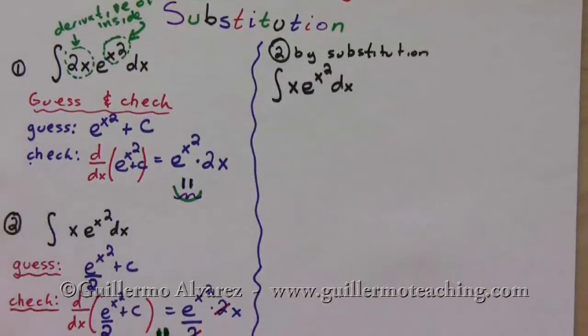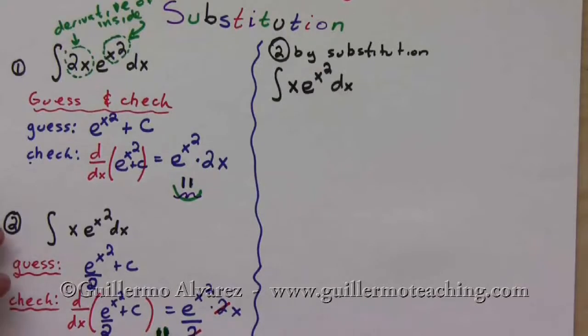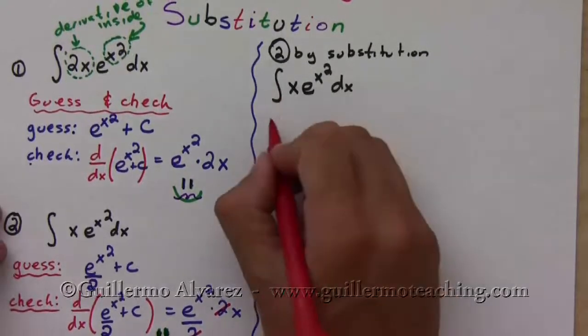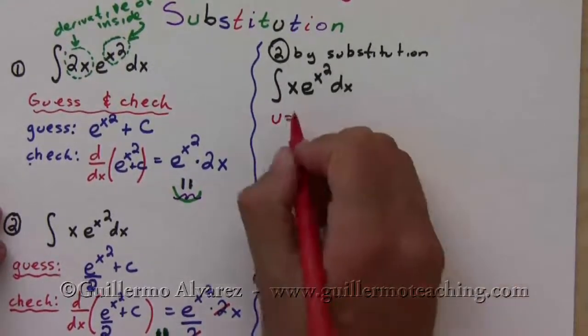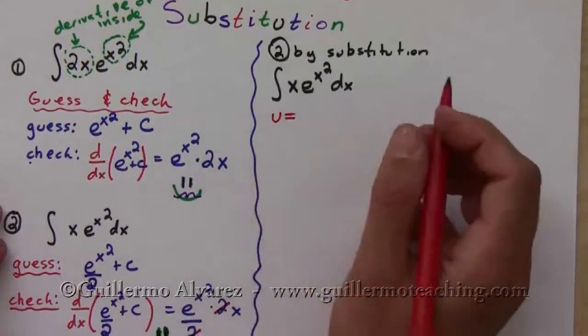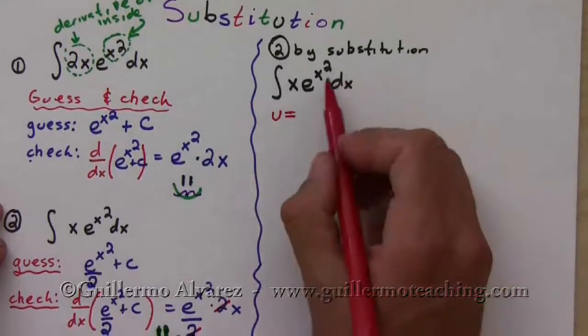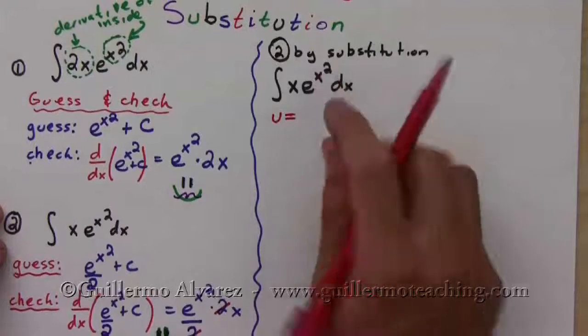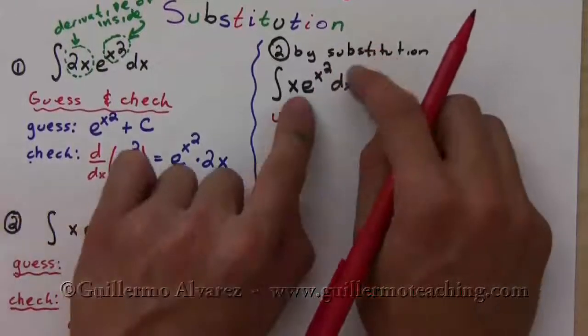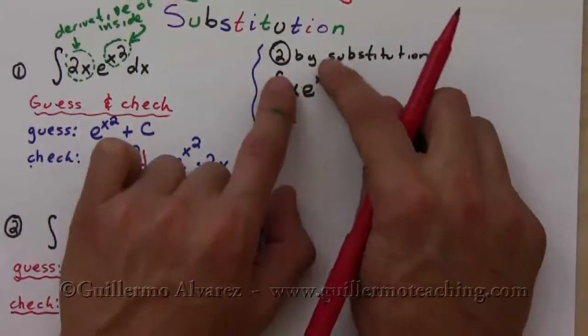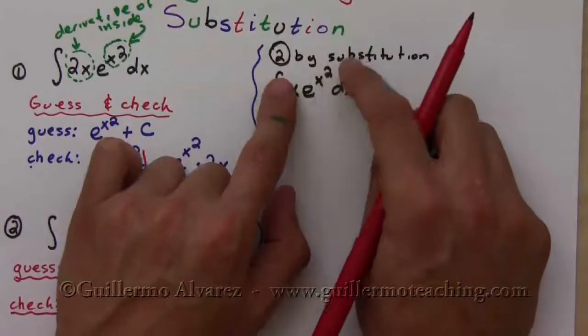Okay, so now the first thing you do is you're going to pick your u. And so what you want your u to be is almost always going to be the inside part of your function. So you look at this and you go, ooh, I know the antiderivative of e to the x, but not e to the x squared.